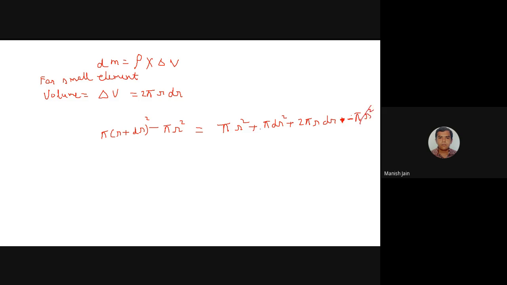The pi r square terms cancel out. dr is very small, so dr square becomes even smaller and can be neglected.